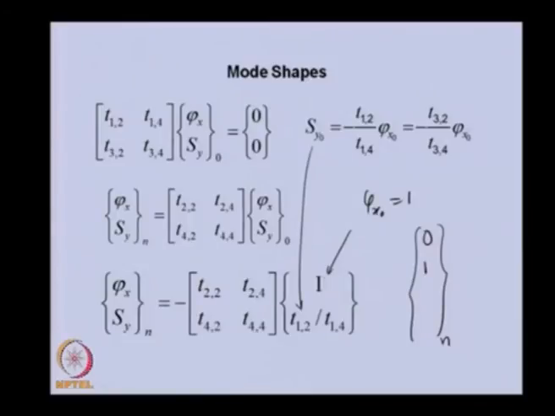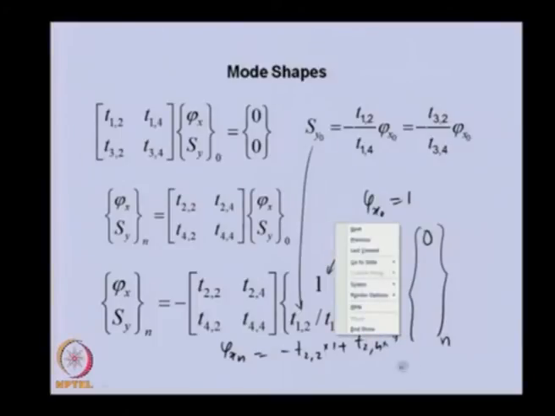So, phi will be given as phi x n is equal to minus t 2 comma t into 1, plus t 2 comma 4 into t 1 2 by t 1 4, this term.